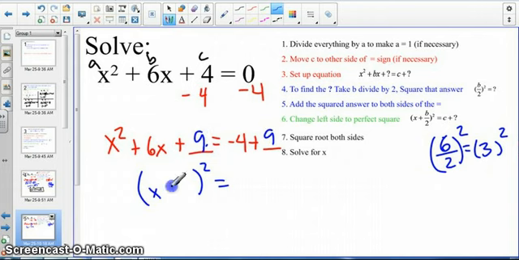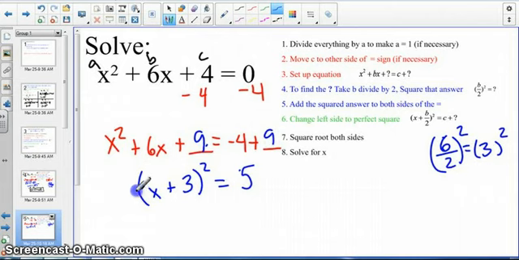Well, half of 6 was 3. Once we take half of 6, take b divided by 2, 6 divided by 2 is 3, then square it. That's 9. That's what we put in those plus somethings. That's what we didn't know.